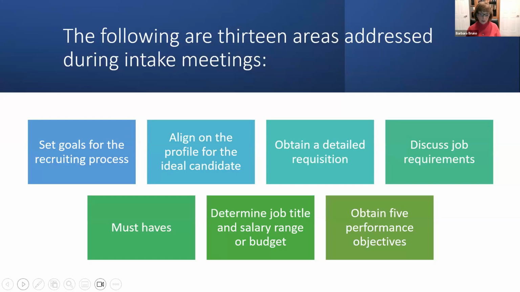The performance objectives were merely, we ask, how is this person going to be evaluated in 6 months to a year? Because so often there's a disconnect between the job requisition and how they're actually going to be evaluating the talent that you surface. So performance objectives really are a game changer, and they're going to make your job much easier.